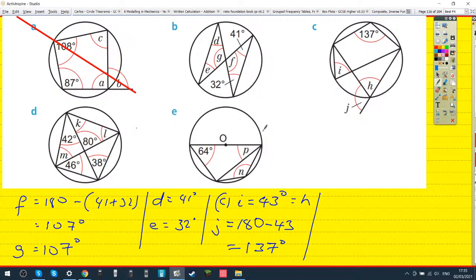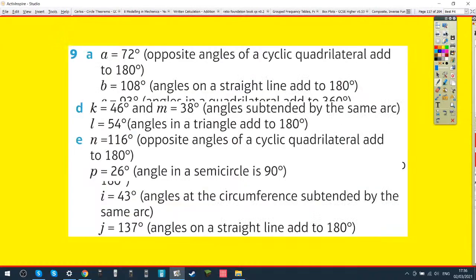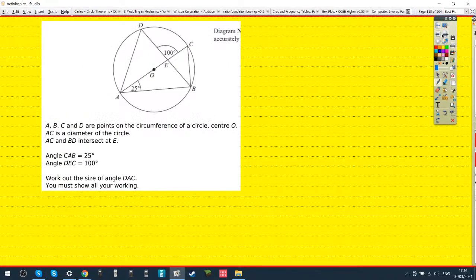Let's see. Right, D. Let me do this. Let's leave D. There's a lot going on in there. Let's see this one. That one seems alright. Okay, let's try this one.